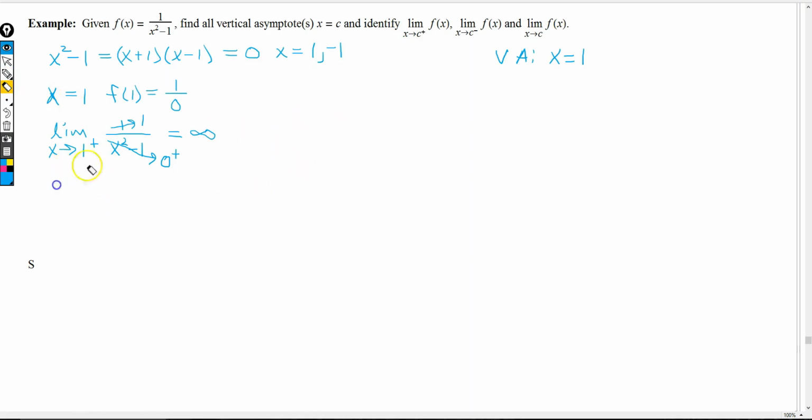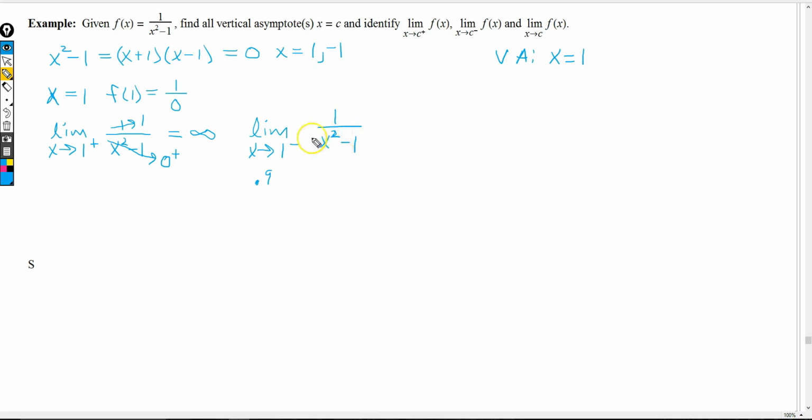Now let's take a look at the limit from the left. If x is approaching 1 from the left, that means it's going to be taking on values like 0.9, 0.99, and so on. If I plug 0.9 in here, 0.9 squared is definitely going to be less than 1.